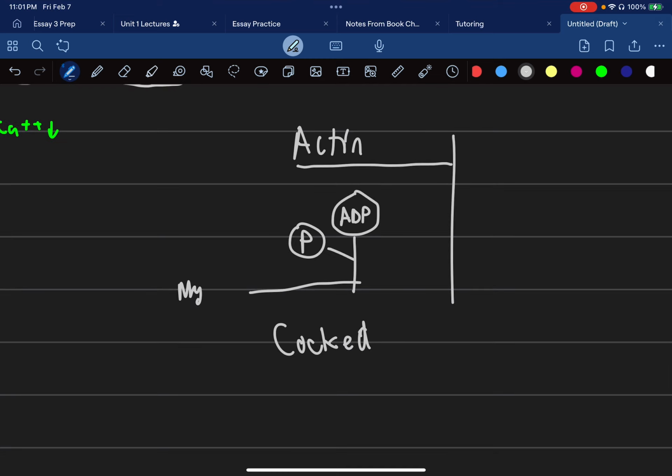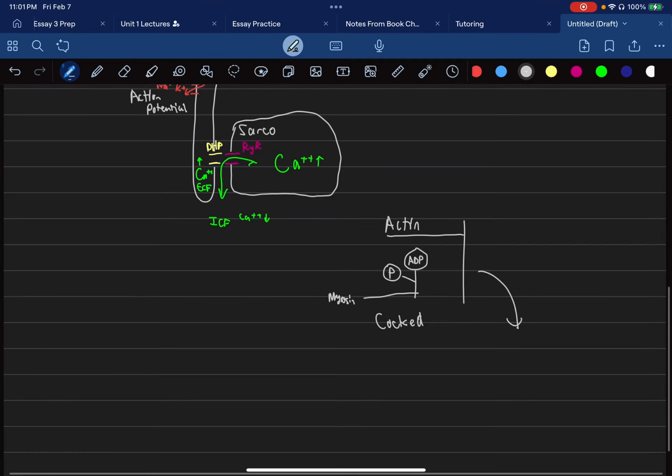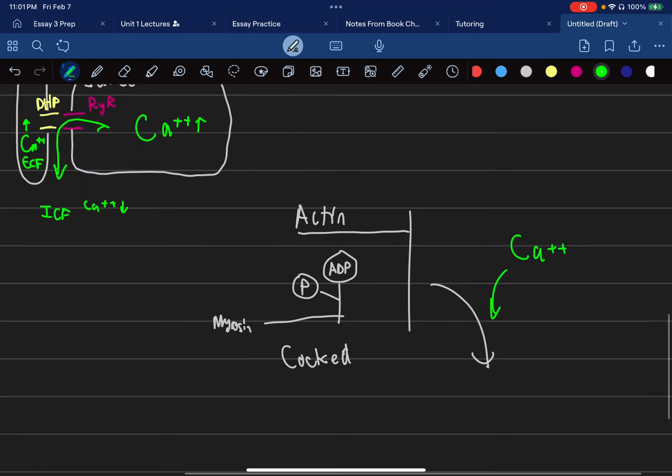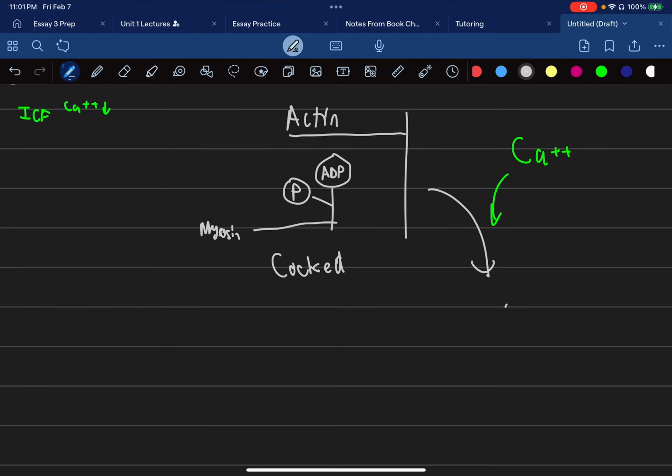This is myosin. What's going to happen is, this is called a cross bridge cycle. So calcium has just increased in the ICF. Calcium comes in, and what happens is the actin is now available for the myosin to bind to.